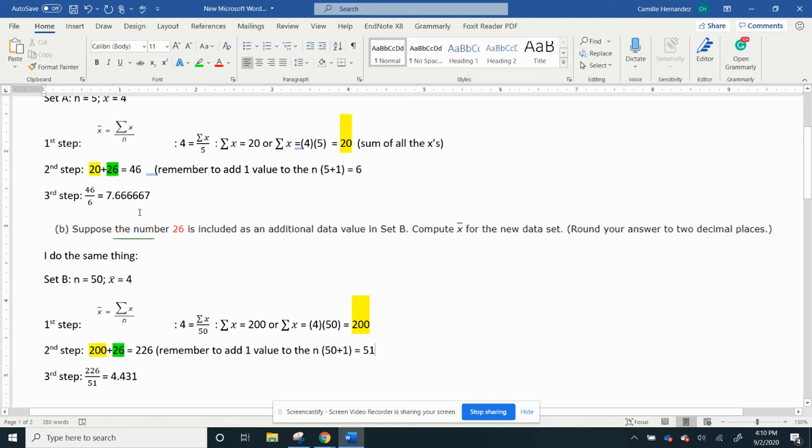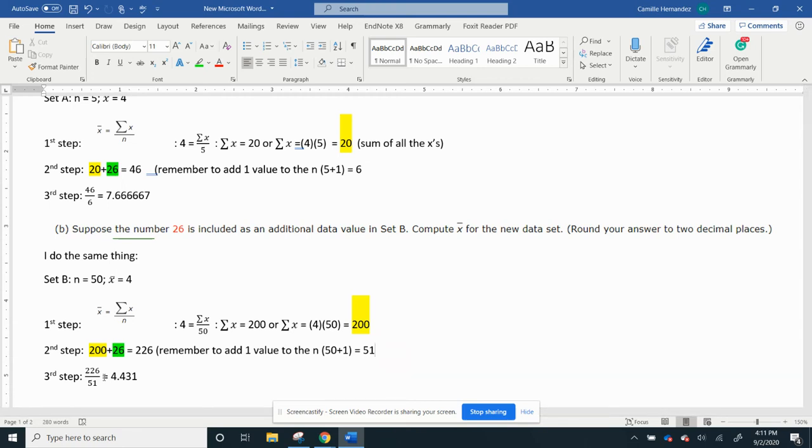All right, so let's take a step back. Set A had a really small sample size. Set B had a larger sample size. By me adding this one value, this made my sample mean for set A go up a lot. It went from 4 to 7.6. But when I added it to set B, because I had a larger sample size, it didn't increase that much.